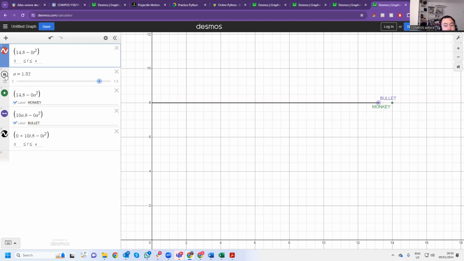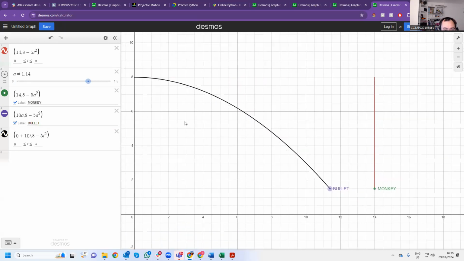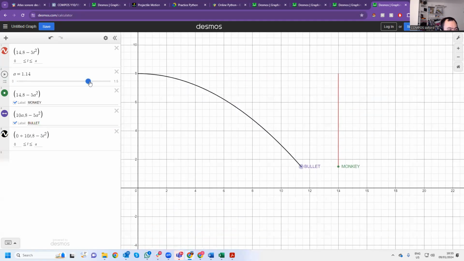So now let's switch on gravity. Interesting. I wonder what's going to happen.